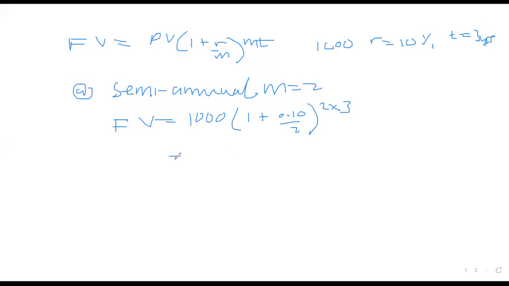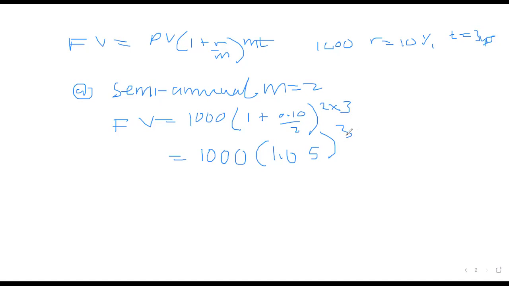So in this case, we're going to have 1,000 times 1.05. Our time in this case is 6, because we multiplied by 3. This will give us a higher value, of course.